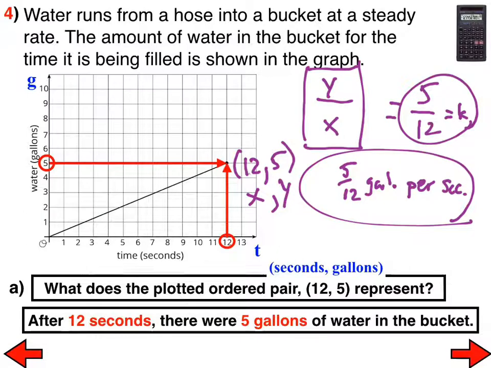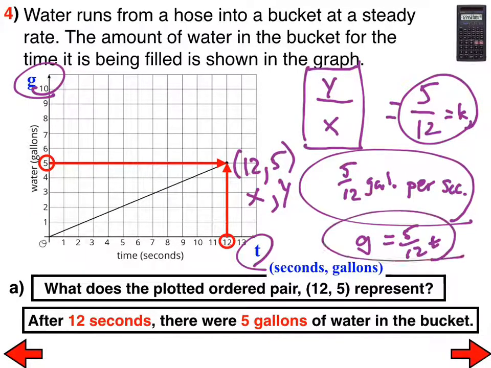That's part B. Part C, we're talking about G and T as far as your output and input variables. So G equals 5/12 T. I didn't ask this, but where's the unit rate on the graph?